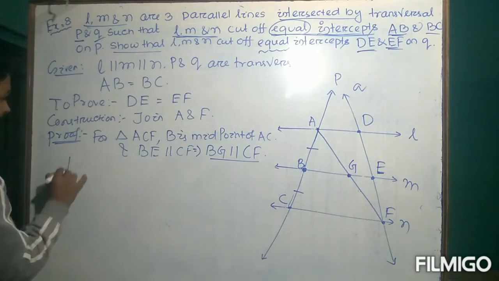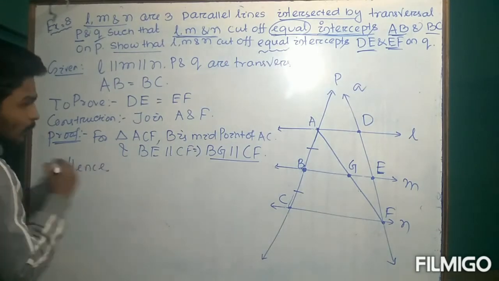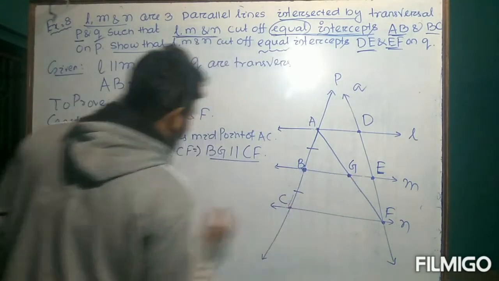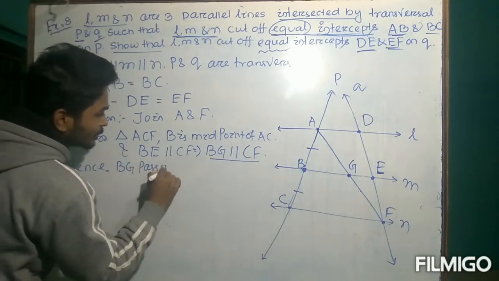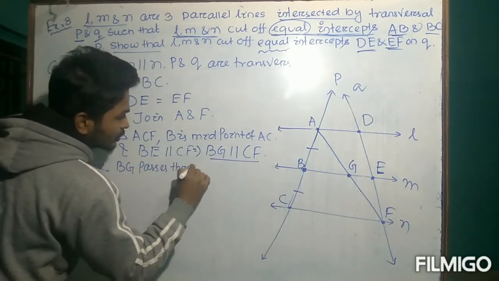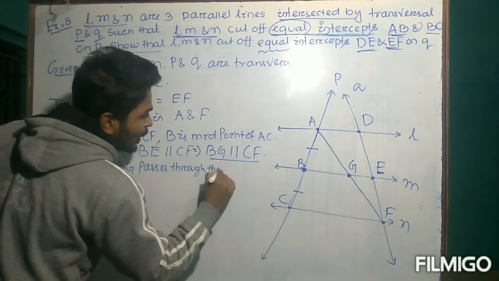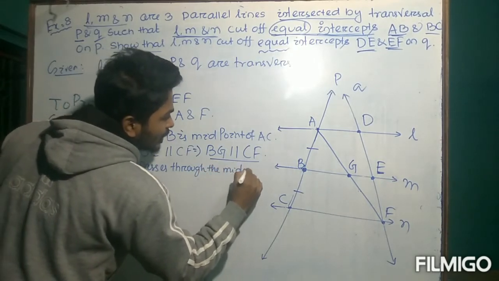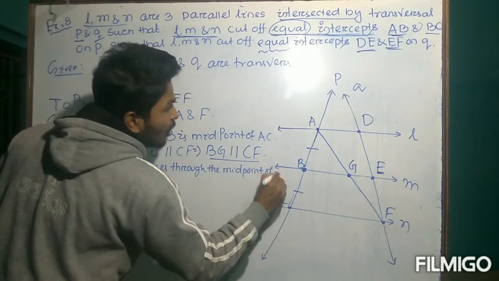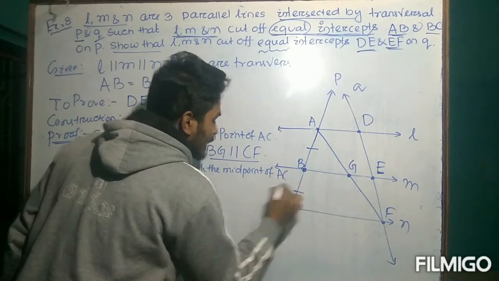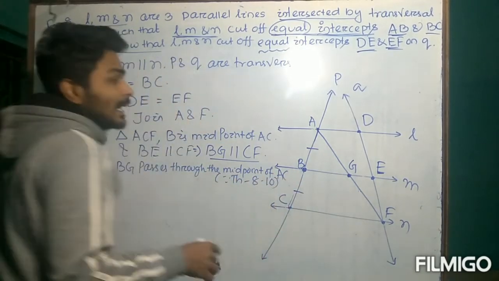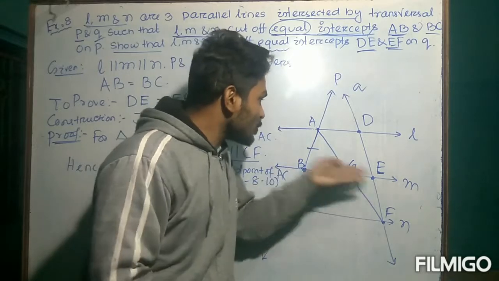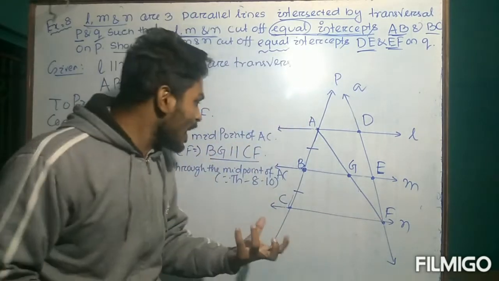Hence, what can we write? BG passes through the midpoint of AF. It is due to theorem 8.10. It means what? It passes through the midpoint of AF.